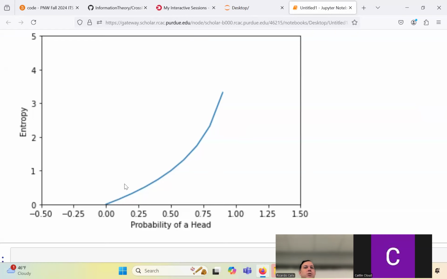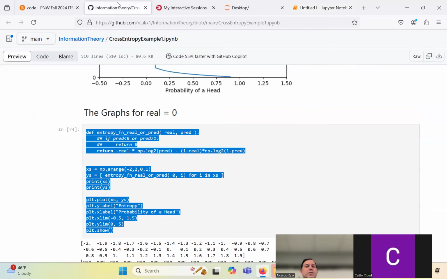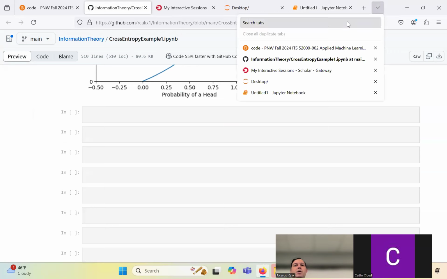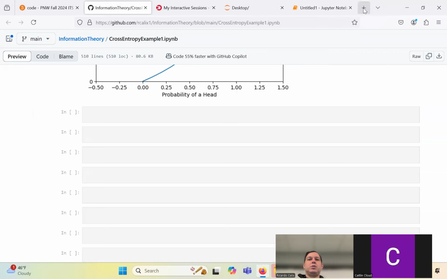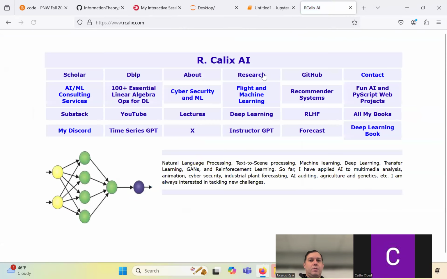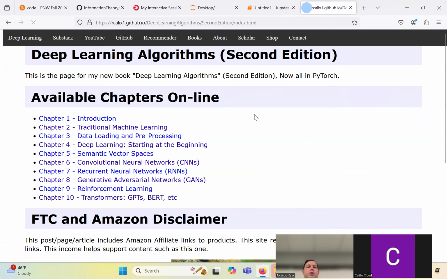I have some additional notes on this, so we can take a look to kind of drive it to multi-class cross entropy. So I'm going to go to the class notes. Here you can click on deep learning, go to chapter 4.